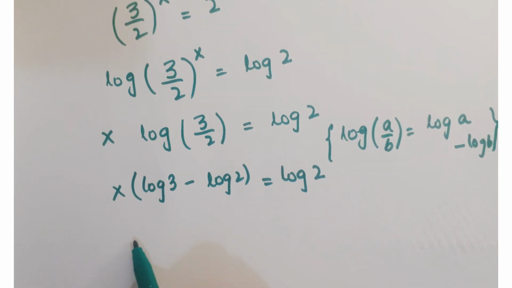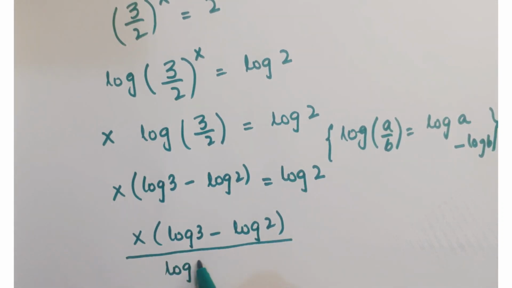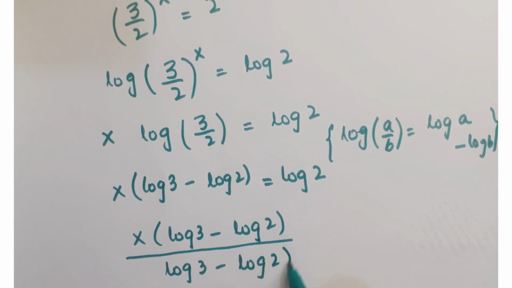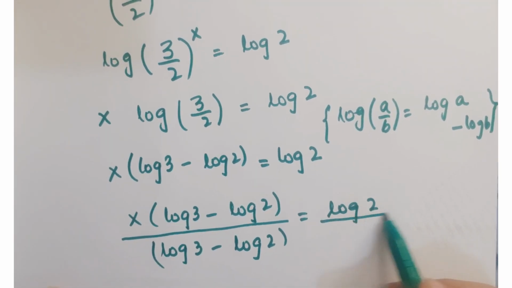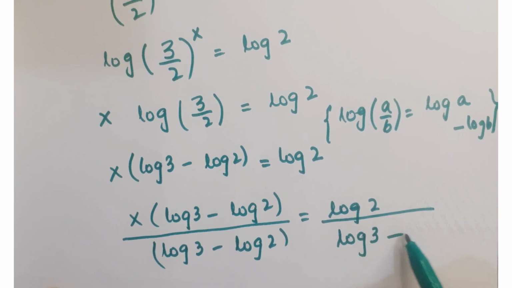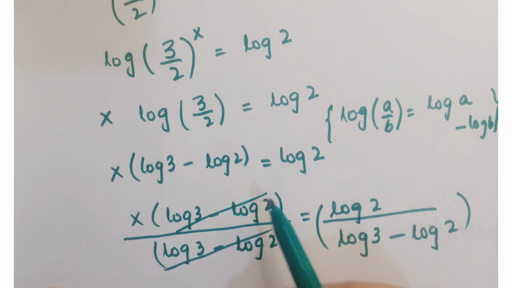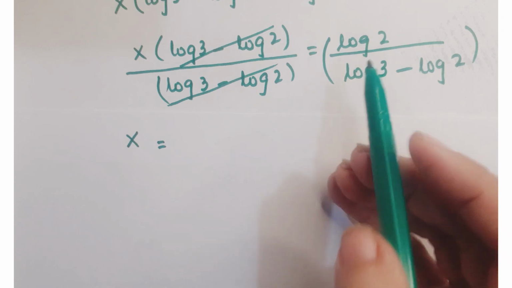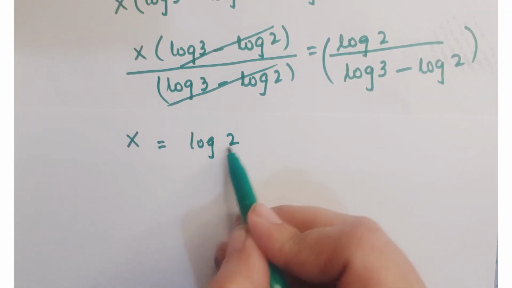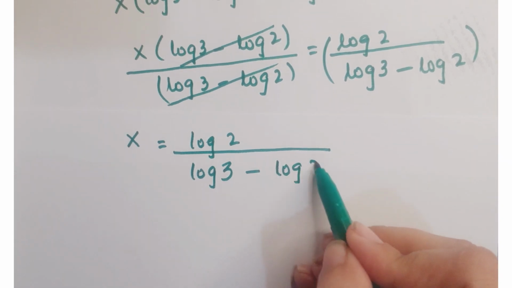Now dividing by (log of 3 minus log of 2) on both sides so as to remove these terms from the left hand side, this term and this term get cancelled. So we have x is equal to log of 2 upon (log of 3 minus log of 2).